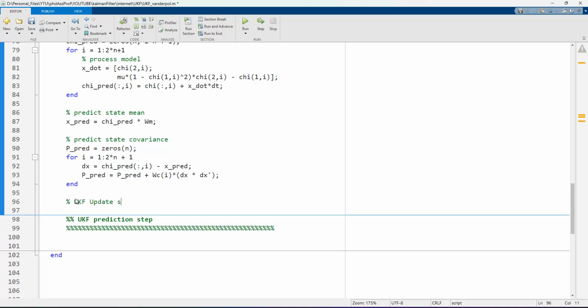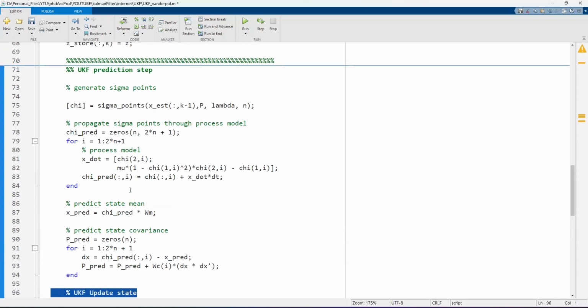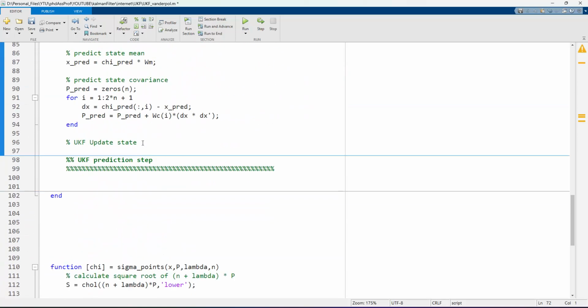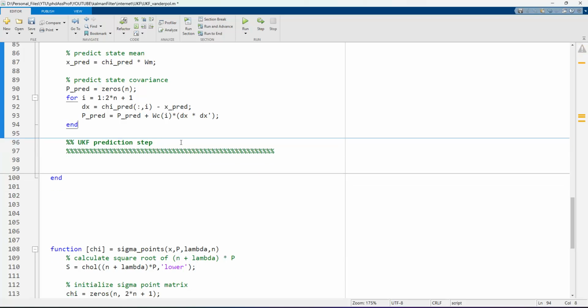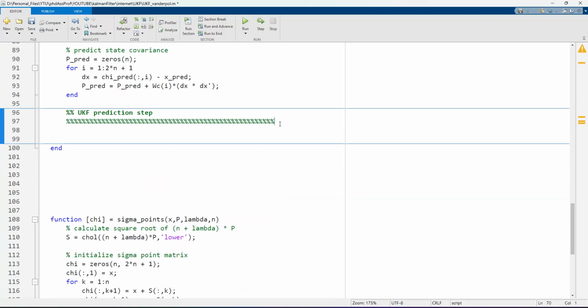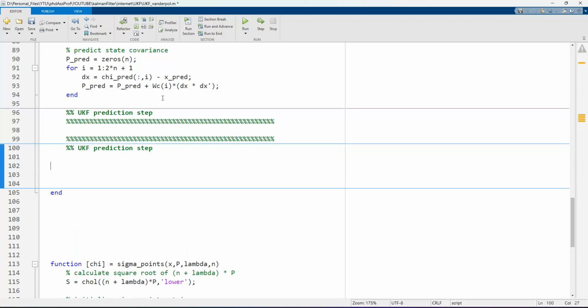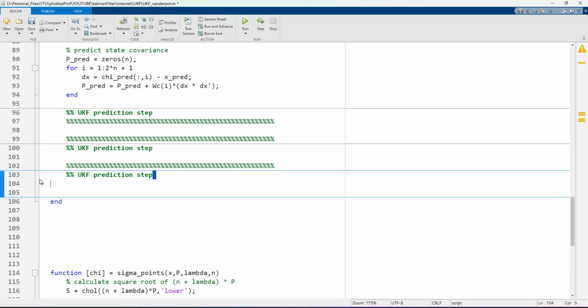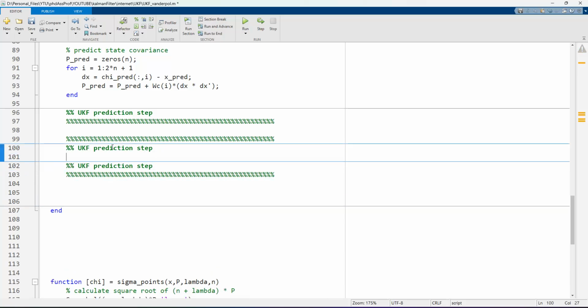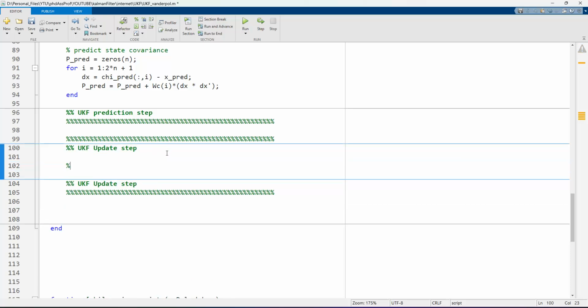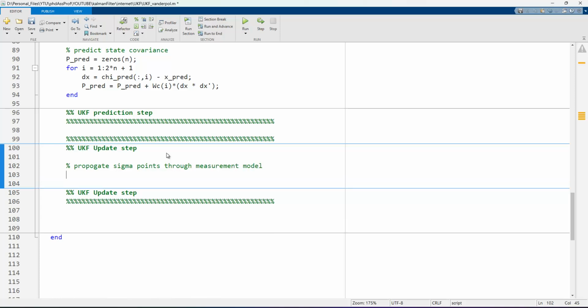So how about the UKF update state? This is called the prediction step, and also we need to give the update state. Update. First of all, we need to propagate sigma points through the measurement model.